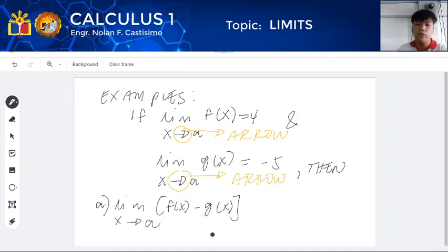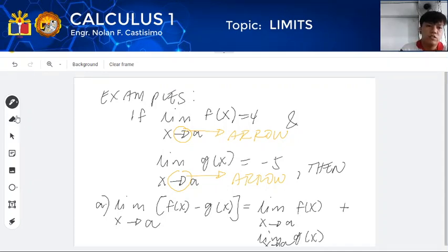Gagamitin natin yung formula na na-discuss natin kanina. So, the limit of f of x as x approaches a plus, sulat ko na lang dito sa baba, the limit of g of x as x approaches a. Di pala plus yun. Minus. Minus siya.